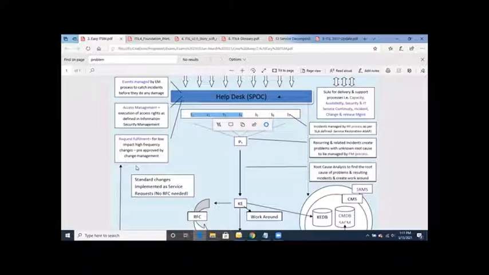So all those low impact high frequency changes, they make up the SRs. They are the standard changes. उनके लिए आपको RFC change management में भेजने की जरूरत नहीं है. You just need to raise an SR, service request, and those service requests will be taken care by the request fulfillment process.